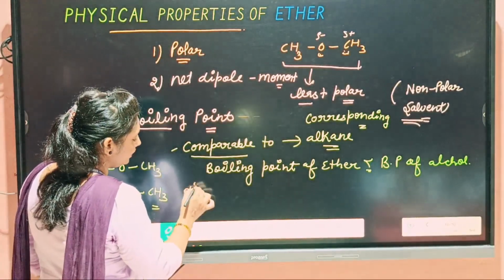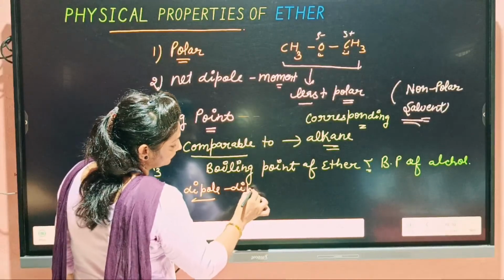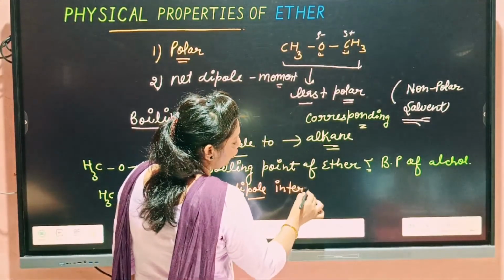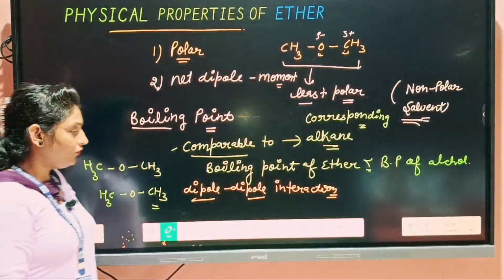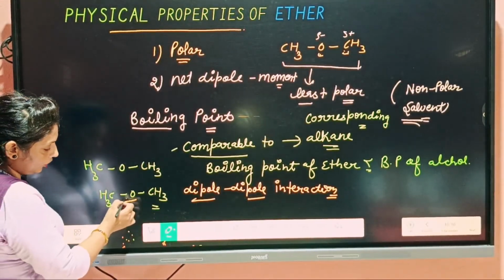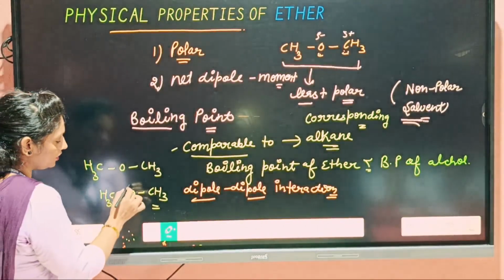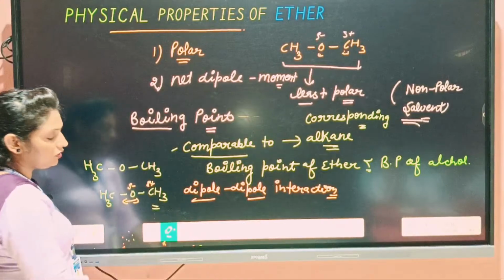They do not form intermolecular hydrogen bonds. For example, here I have already told you that they are polar. Some polarity is here, so negative charge will be attained on this and positive charge will be attained on this.